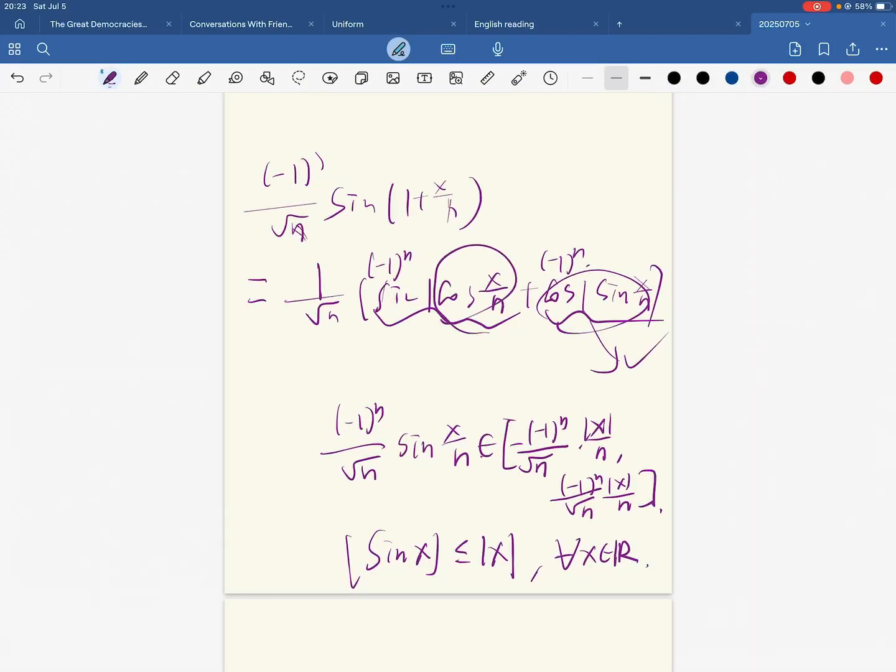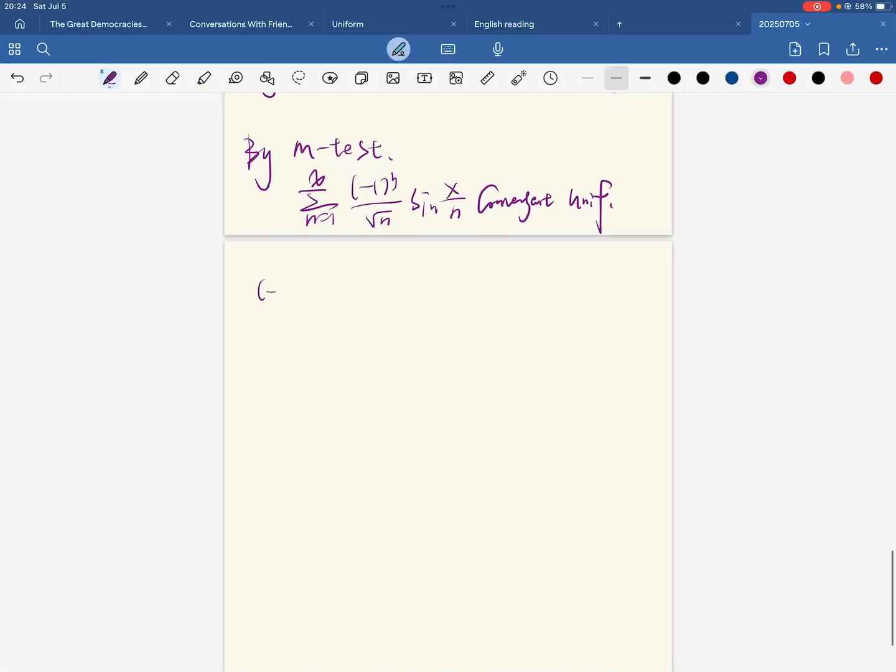Now let's consider this term. Actually it's not easy, so we need to write it in this form.